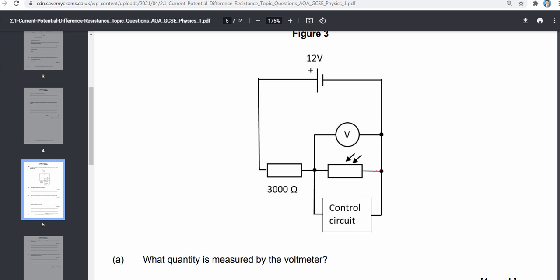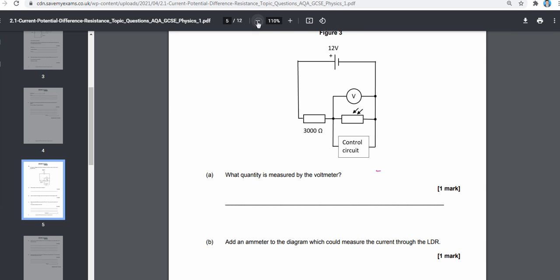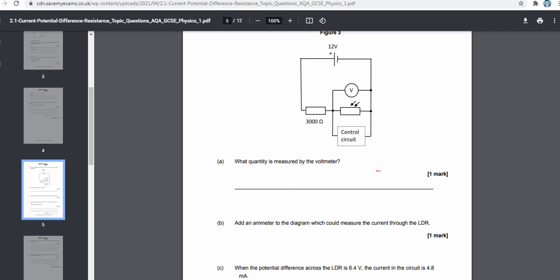Okay, now in part C it says when the potential difference across the LDR is 6.4 volts, the current in the circuit is 4.8 milliamperes. Calculate the resistance of the LDR. For this question we have to use Ohm's law.